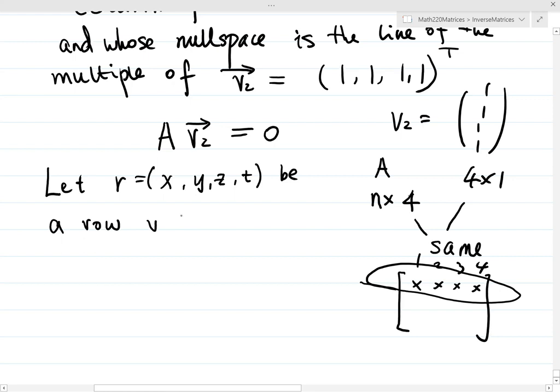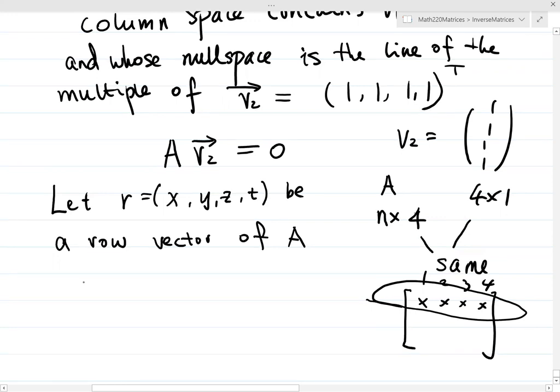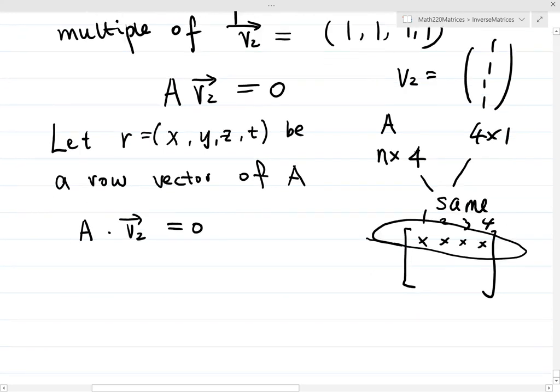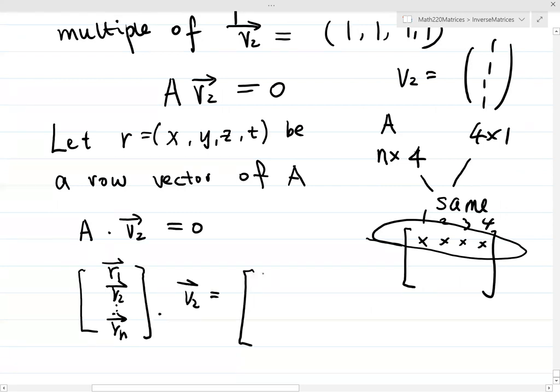Now A multiplied by V2 is 0. If you use the row picture, R1, R2, through Rn each dot product with V2, we get a number for each row, so we get n numbers.